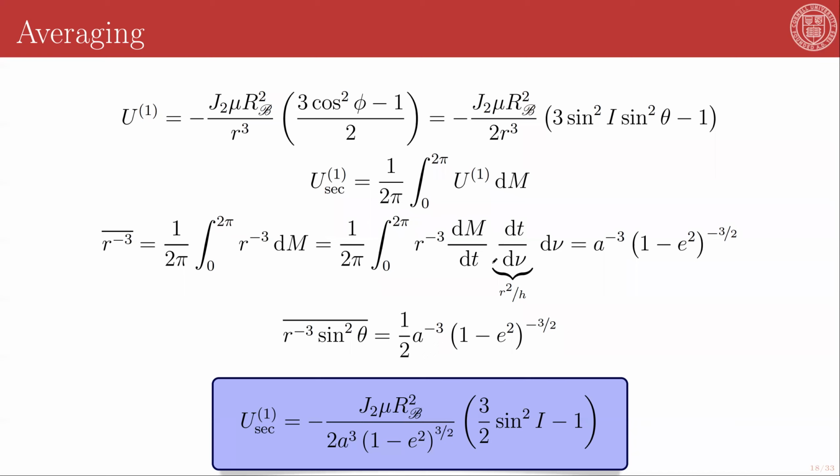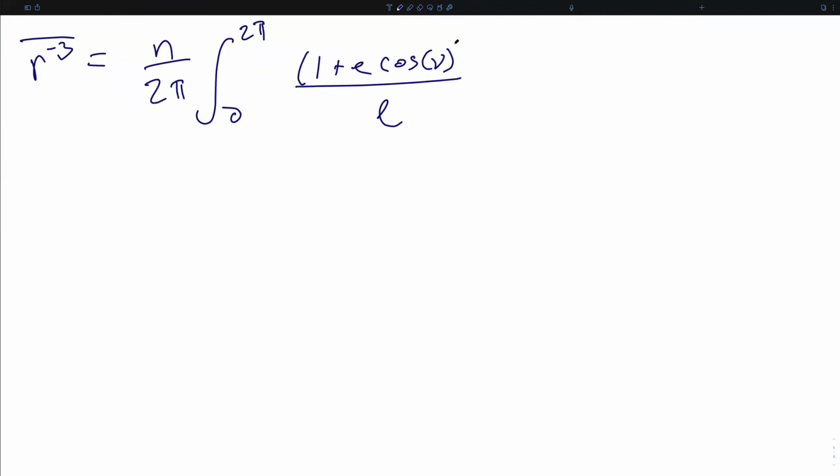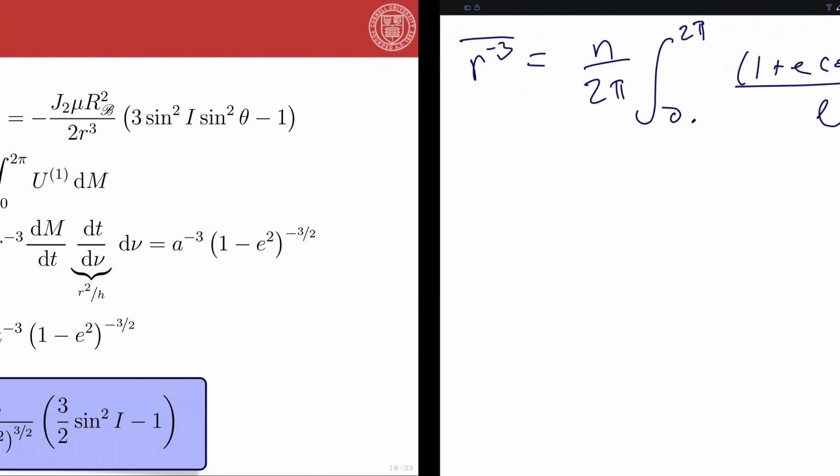This allows us to simplify this integral to the integral from 0 to 2 pi of 1 plus e cosine nu over the semiparameter d nu, and this evaluates to a to the negative third times 1 minus e squared to the negative 3/2 power. And again, you should verify that you agree with this.